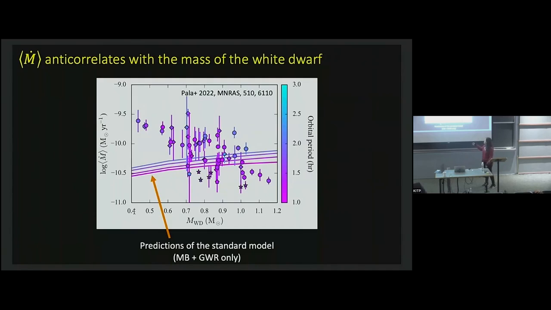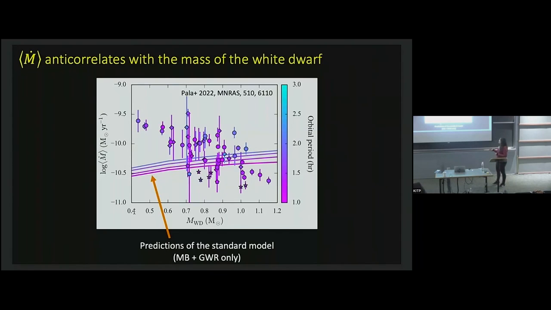This is in contrast with the models in which the evolution of CVs is driven only by magnetic wind braking and gravitational wave radiation. So this result is telling us that we need an additional mechanism of angular momentum loss, which takes into account the dependency on the mass.